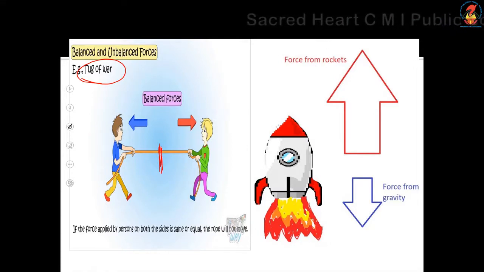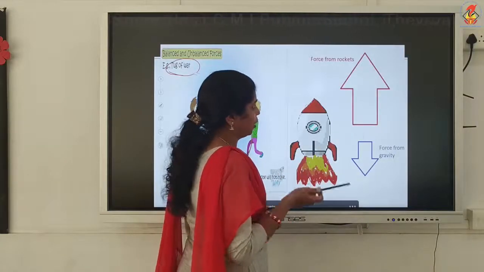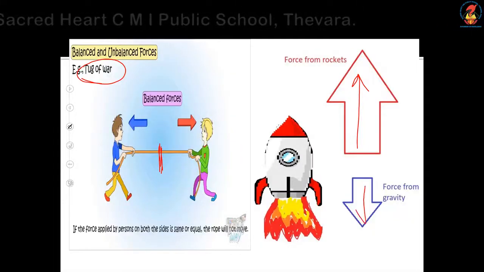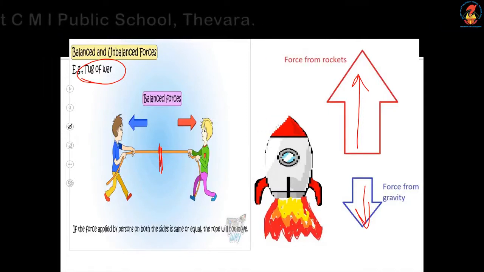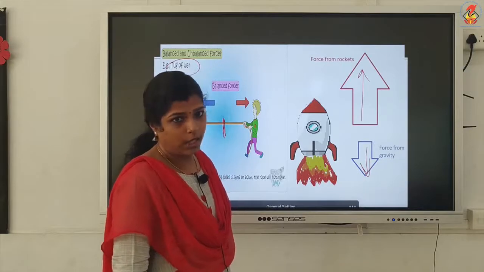Okay. Here it's rocket propulsion. The rockets will be moving in the upward direction. The force of gravity will be acting in the downward direction. With rocket propulsion, the force from the rockets will be acting in the upward direction.